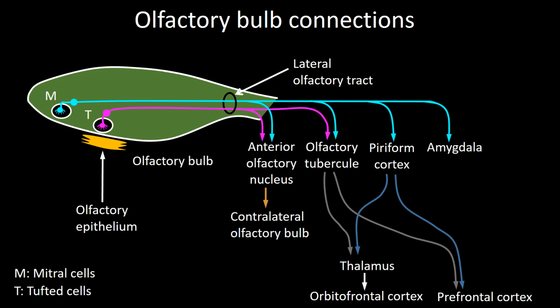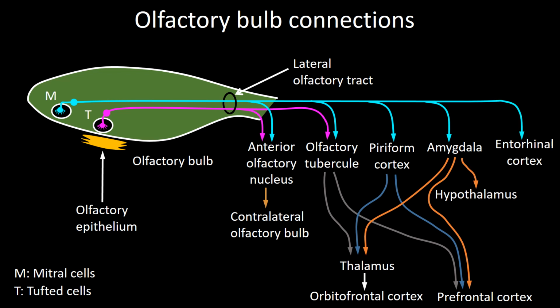Fibers from mitral cells will also reach the amygdala. Axons of the neurons in the amygdala contacted by mitral cells then send their axons to the thalamus, prefrontal cortex, and hippocampus. Mitral axons also reach the entorhinal cortex.